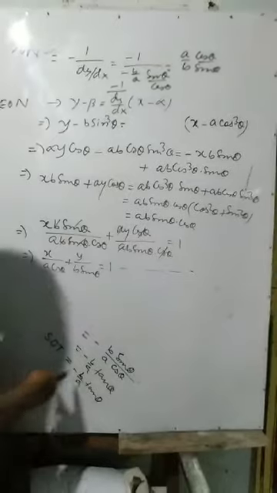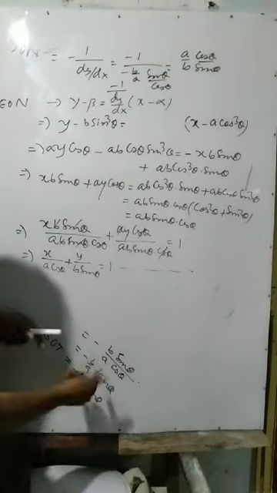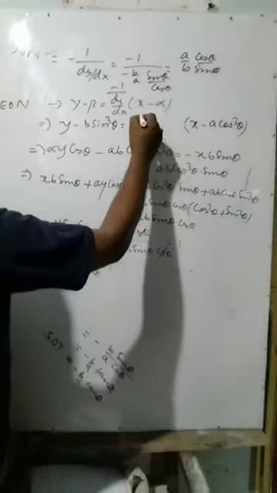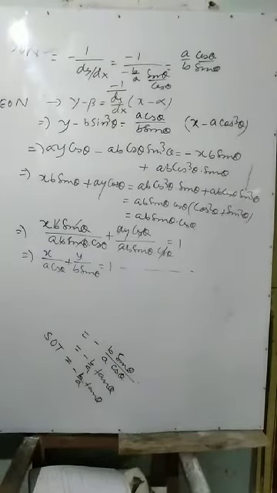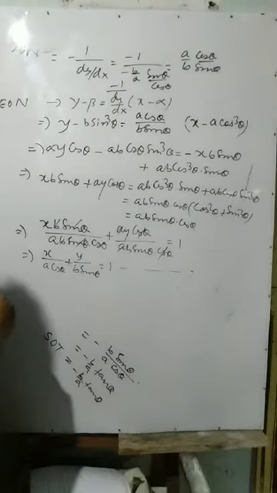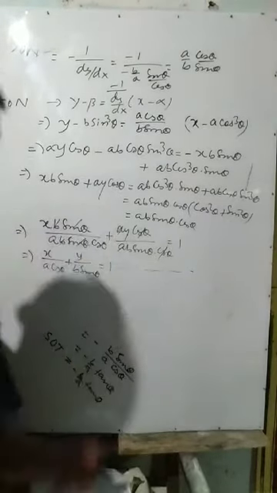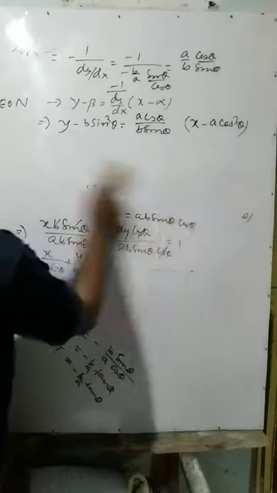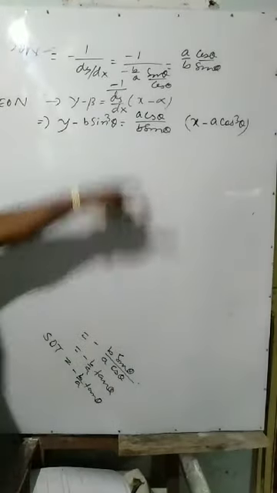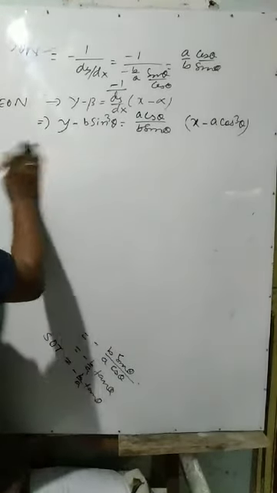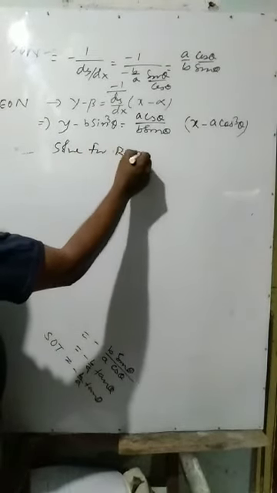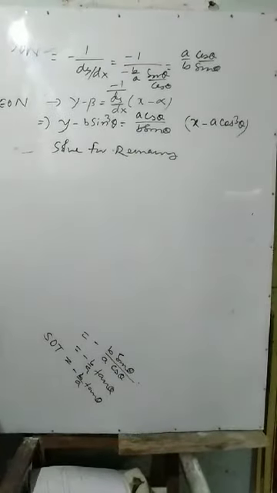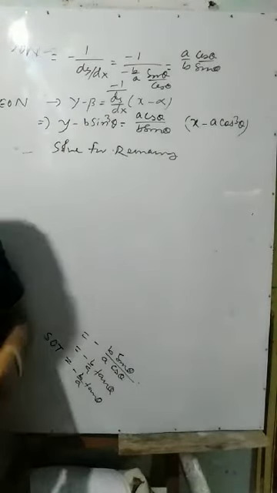Minus 1 by dy by dx is the reciprocal of this, a cos theta by b sin theta. Now multiply alternatively this one and this one, then find the equation. Just like before, you solve this, and solve for the remaining part. This is the equation of the normal.